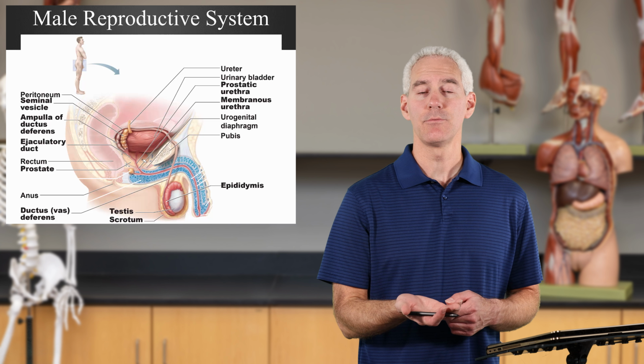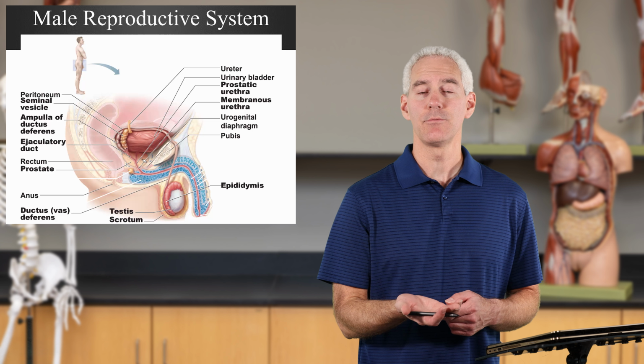So there's two regions so far. We then have this bulbourethral gland, that's this piece right here. It's going to connect into the urethra just after the membranous urethra region. Now, the bulbourethral gland is going to secrete a clear fluid before the semen is secreted.